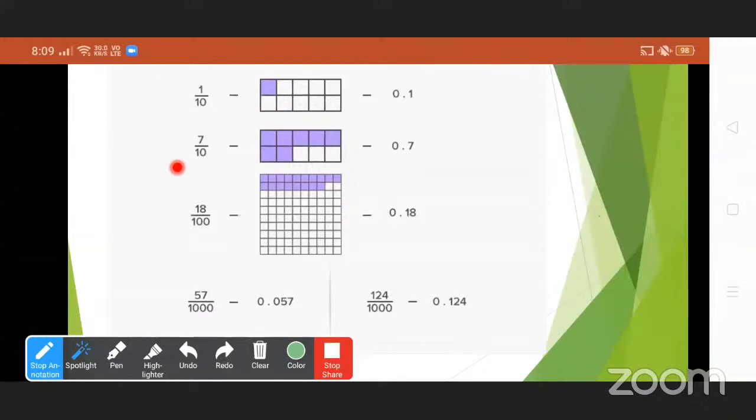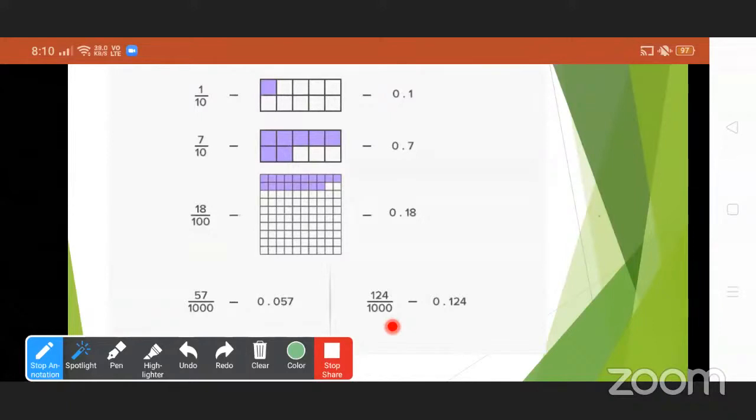Very good. And the third one? 18 numerator, 100 denominator. And the fourth one, 57 numerator, 1000 denominator. And the last one, 124 numerator and 1000 is denominator.